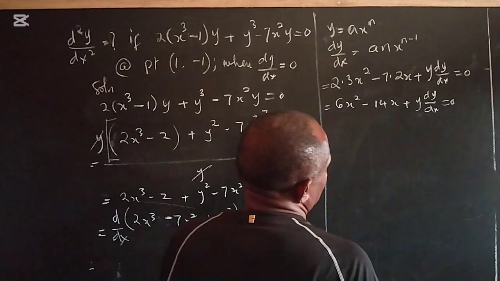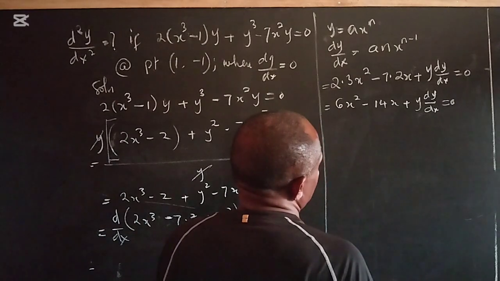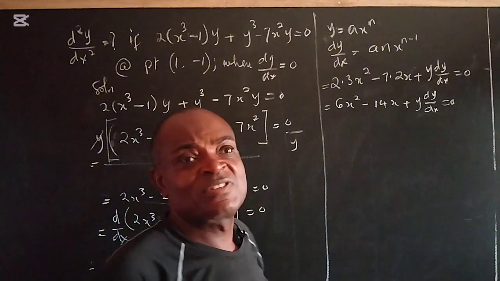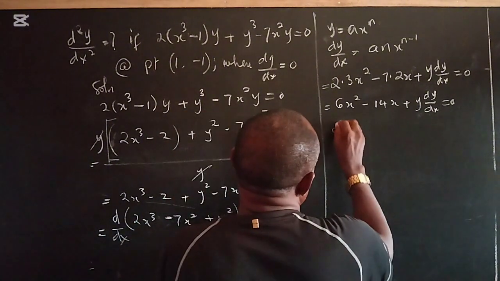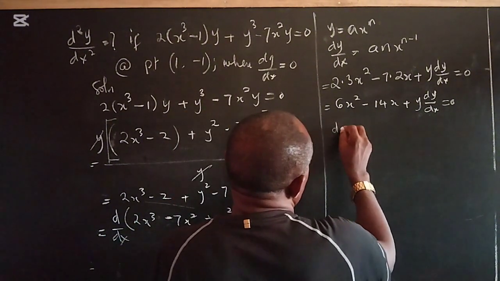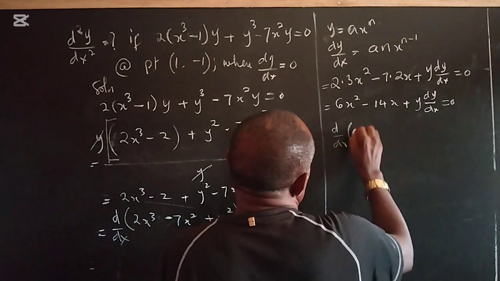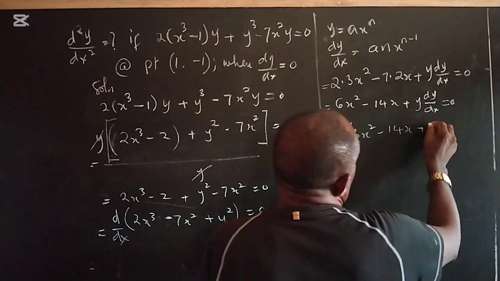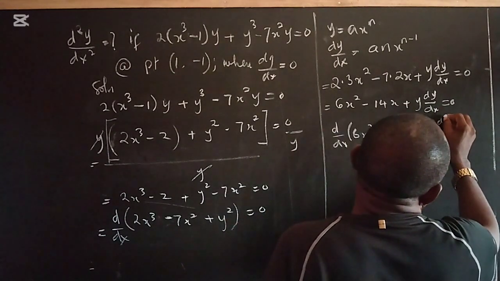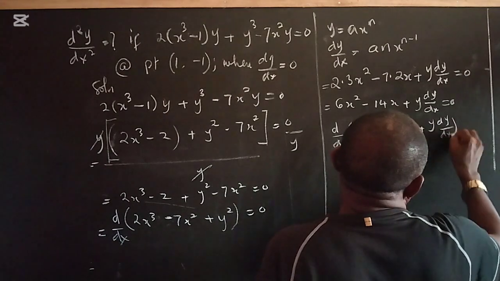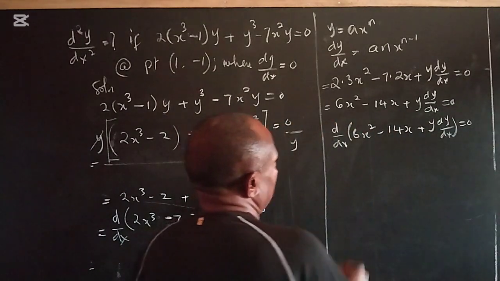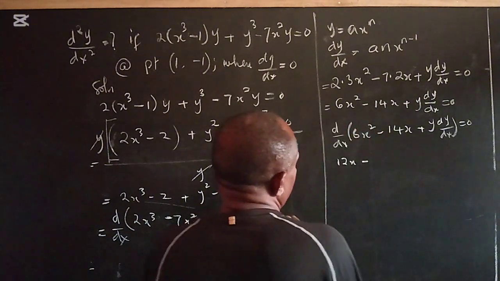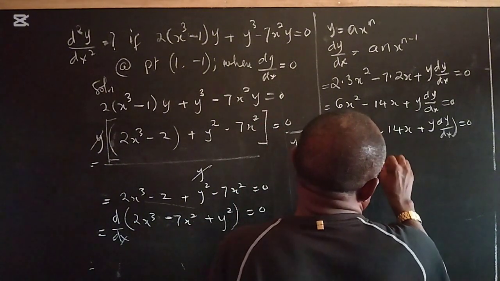We can make this the subject, or we differentiate again. We actually need to differentiate again. So we find d/dx of 6x squared minus 14x plus 2y dy/dx, which is equal to 0. Now, if you take the second derivative, you have 12x, then minus 14.